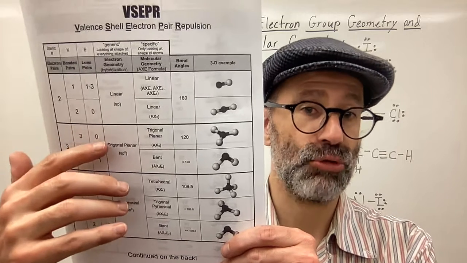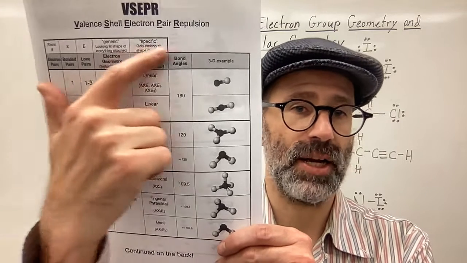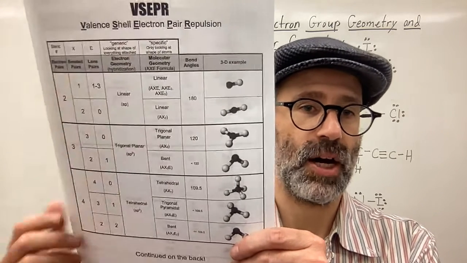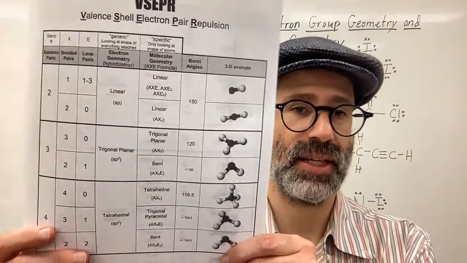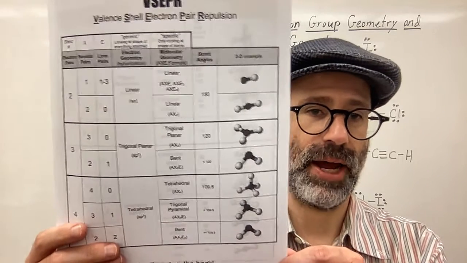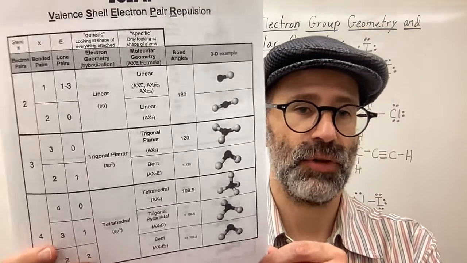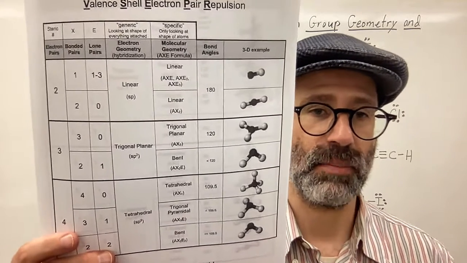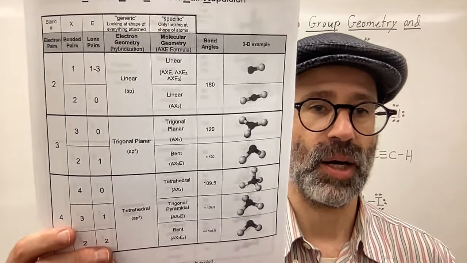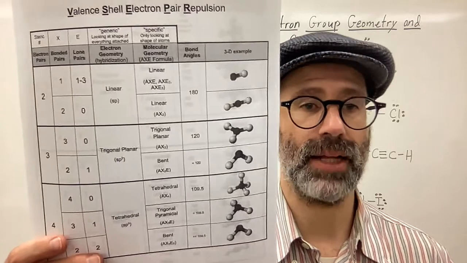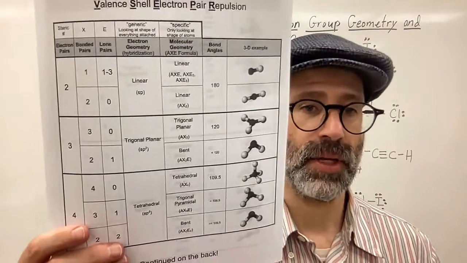I prefer groups. They use pair because, again, it's in the title of VSEPR. So I think that's something that should be changed or not really used that way, because it could be confusing, and it is confusing, and I've seen the confusion in my students. So I like to say electron groups, not electron pairs.